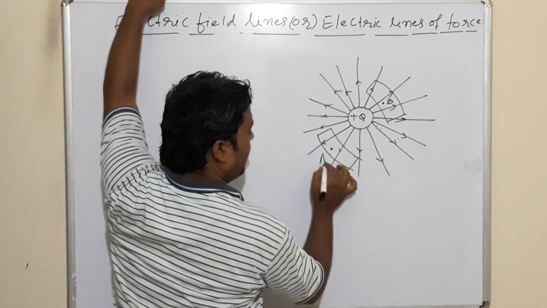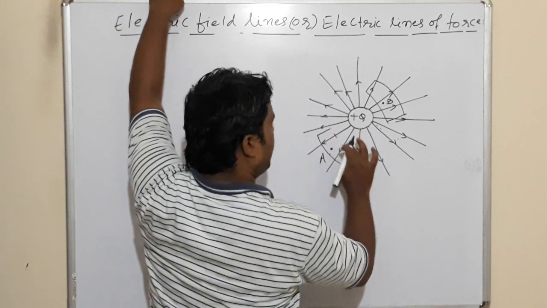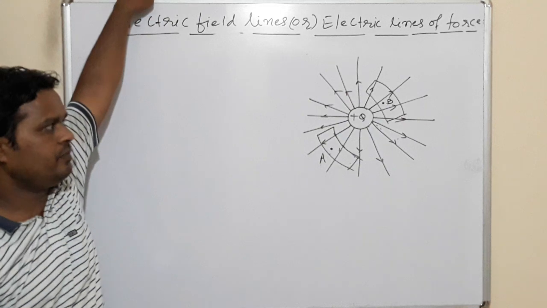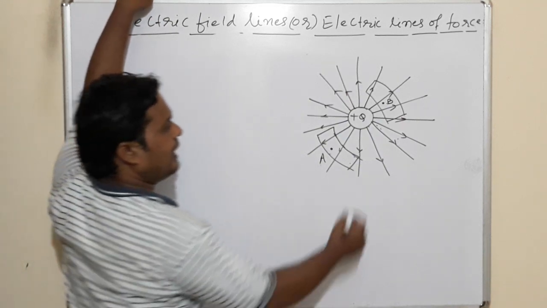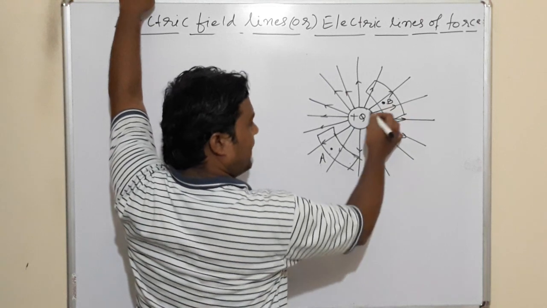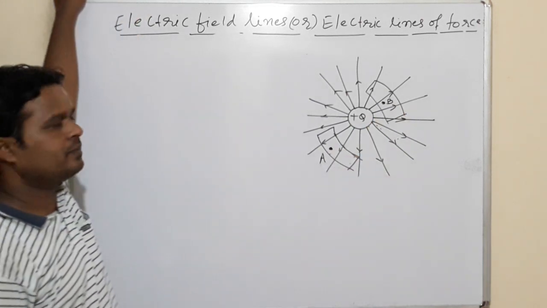Through point A, I have drawn this much area, and through point B, I have drawn another equal area at two different points. One taken closer to the charge, one taken away from the charge.